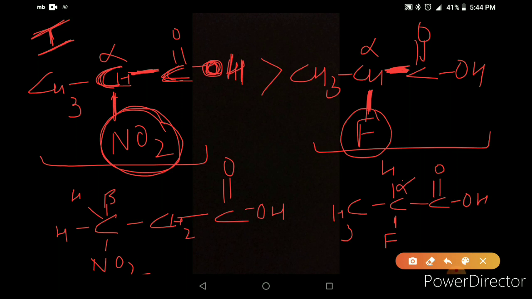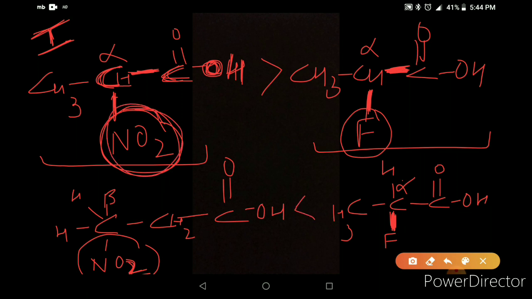Now nitro group is comparatively more minus I, but minus I effect operates through distance, so distance is important. Since fluorine is present at alpha, even if it is weaker minus I, it is present at alpha, so it will be comparatively more acidic. So here nitro is less acidic.